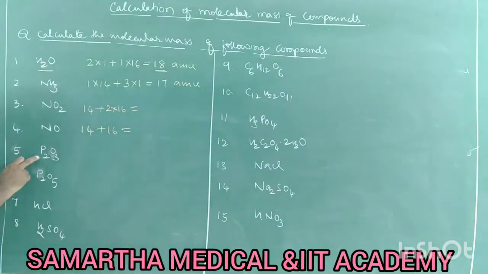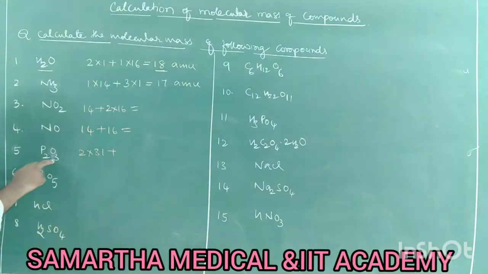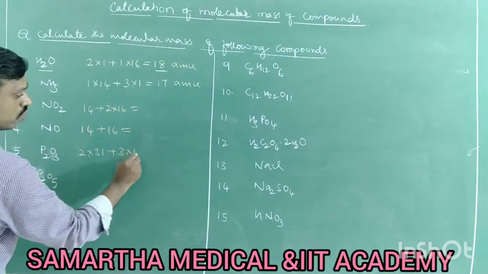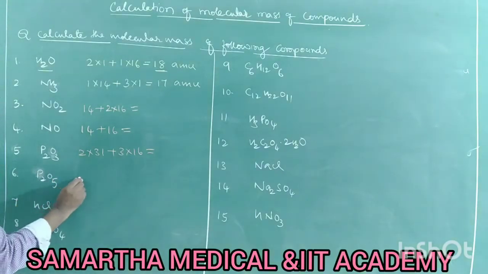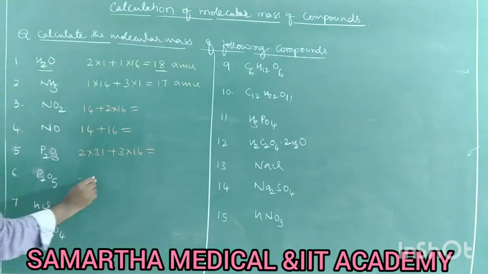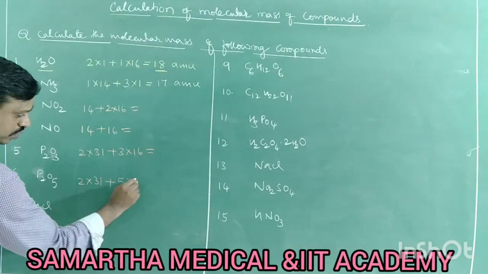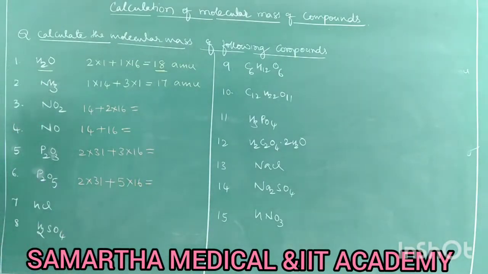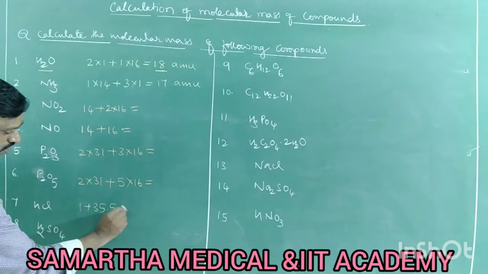Next there are 2 phosphorus, 2 into 1 phosphorus is 31, plus oxygen 3 into 16. Calculate. Then here there are 2 phosphorus, 2 into 31. Then there are 5 oxygen, 5 into 16. Right. Now here 1 hydrogen, 1 chlorine. Chlorine is 35.5.